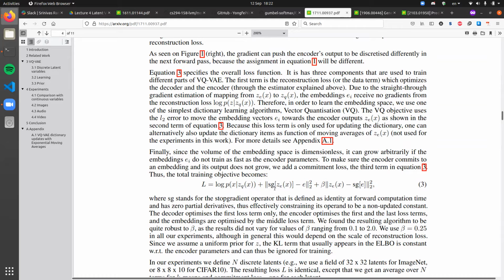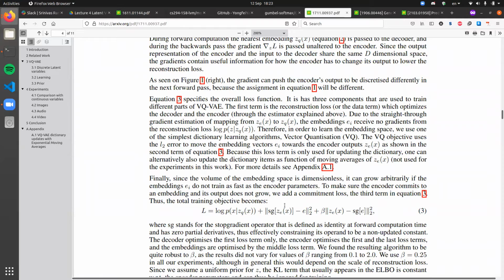We detach it from the computation graph so that the gradients from this component of the loss function are not backpropagated to the encoder, and gradients from this term are not backpropagated to the code book, the embedding matrix we have here. So that's really simple.